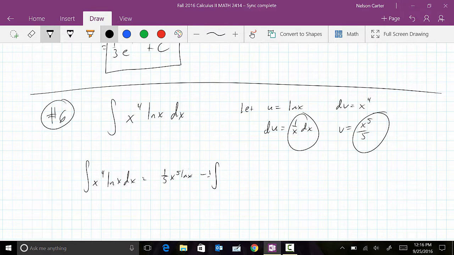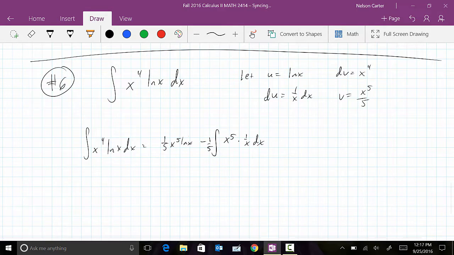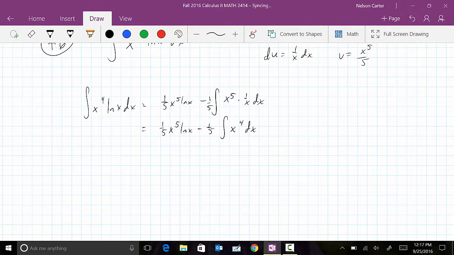So I'm going to have this 1/5 x to the power 5 multiplied by 1 over x dx. And so now, when you multiply those, this becomes the integral of just x to the power 4 dx. Okay. Well, so now it's just a power rule on this last integral, and it's easy.